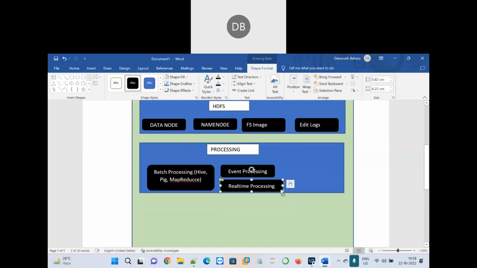Any other? So we can do processing over the command line, right? CLI, any API, using that to do the processing. Okay.